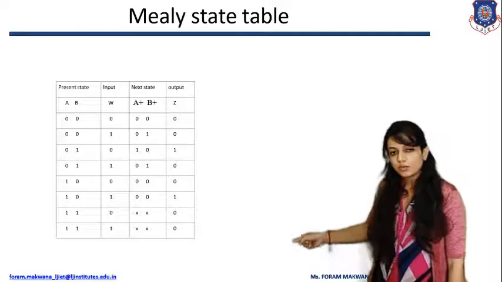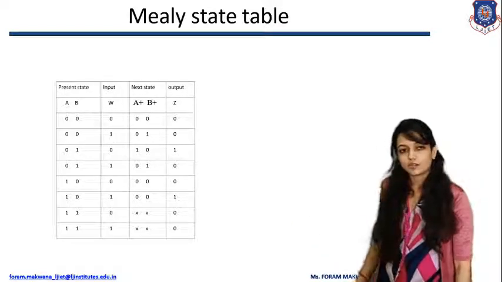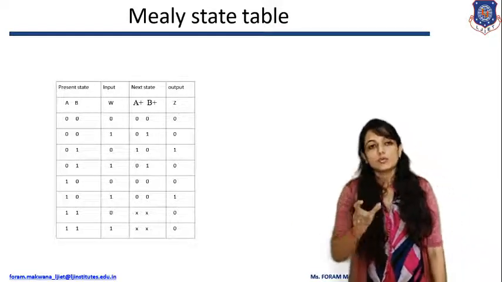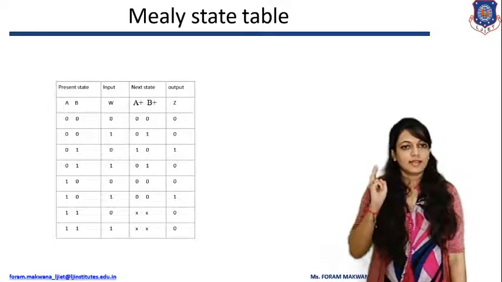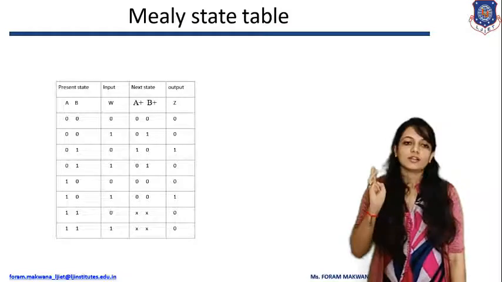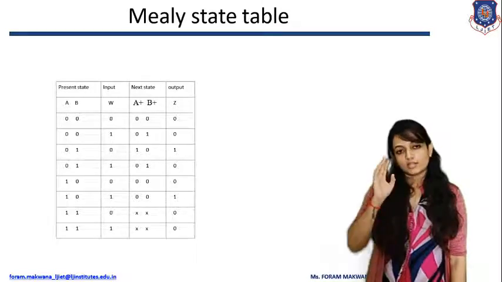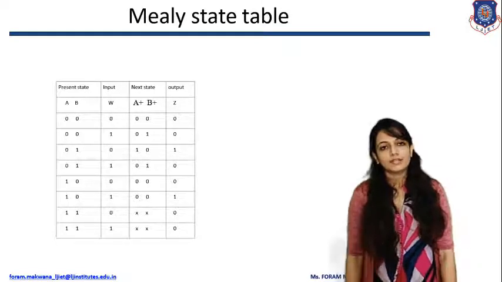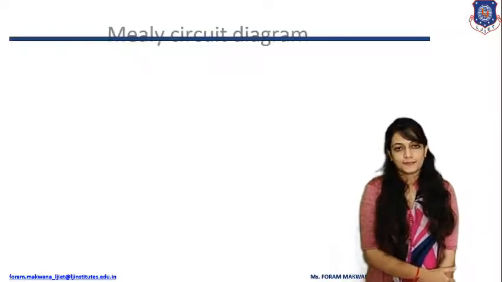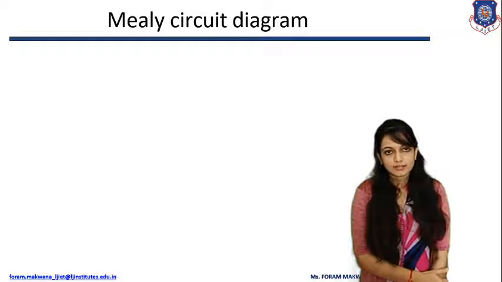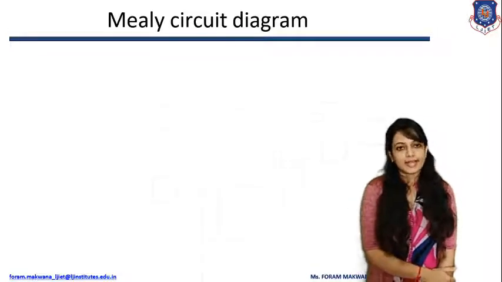So W A B dash. Okay, so we need to use NOT gate, AND gate and OR gate. Alright, so based on that we are able to derive its diagram, that is the Mealy circuit diagram.